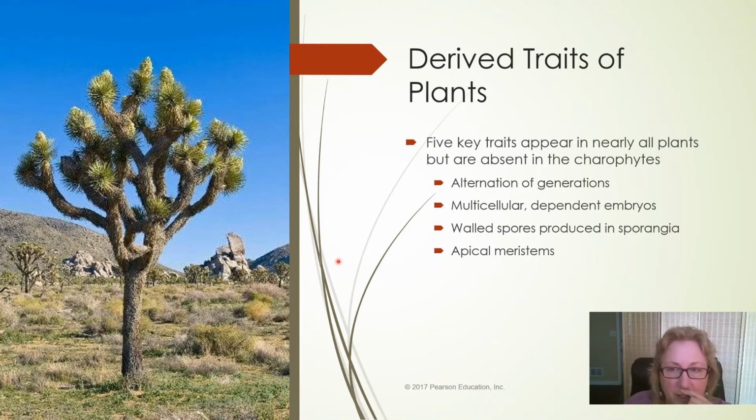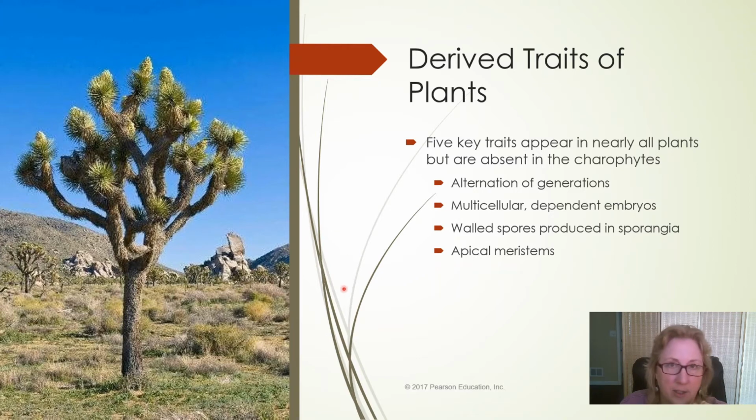So the derived characters of plants. Alternation of generations. These are things that are absent in the charophytes. Alternation of generations, having dependent embryos. So the diploid zygote that starts to divide and form an embryo. That individual, that embryo, is dependent for nutrition and protection on the parent plant.